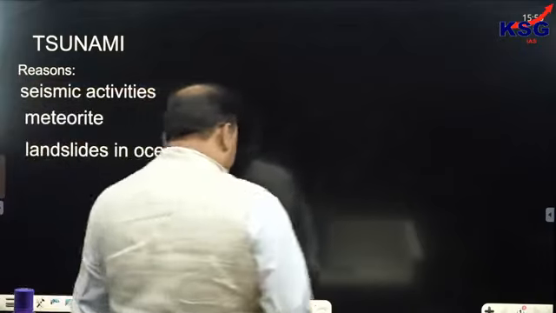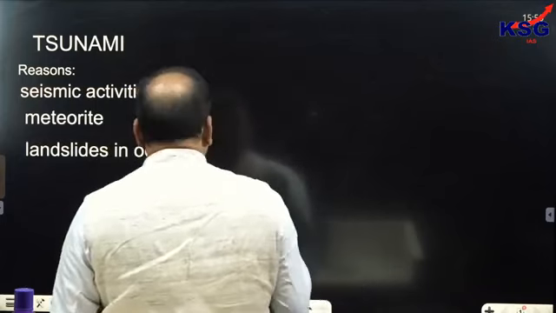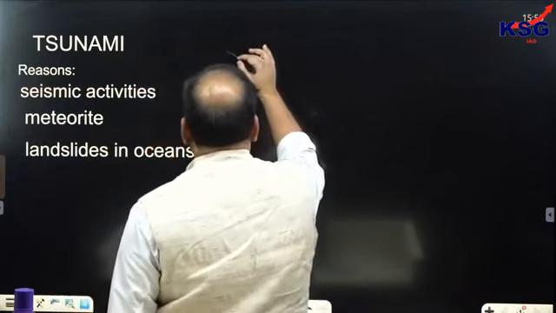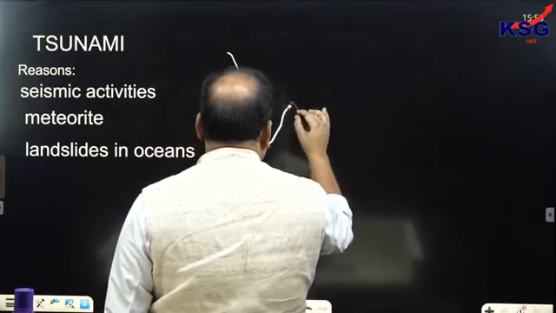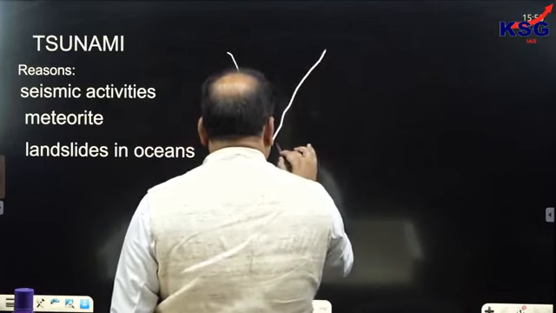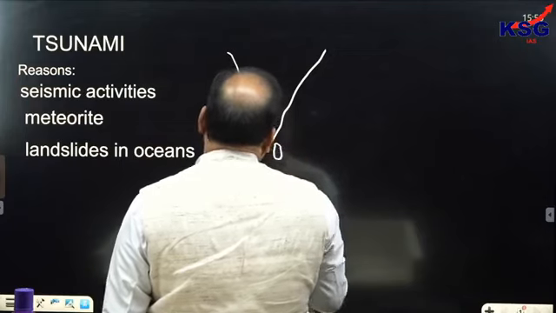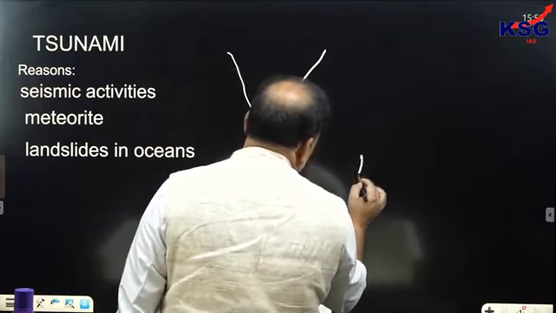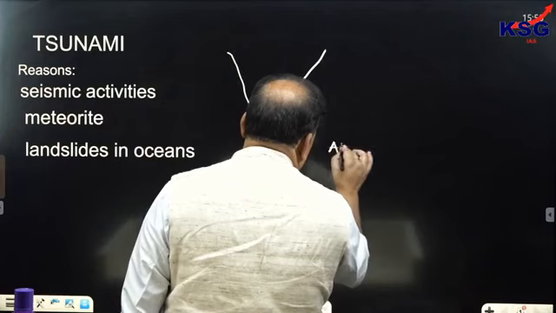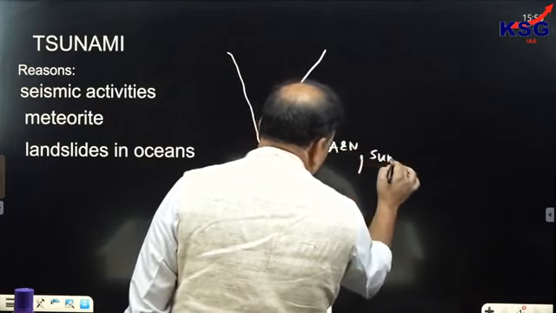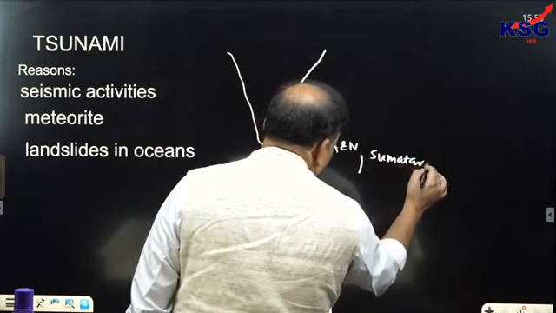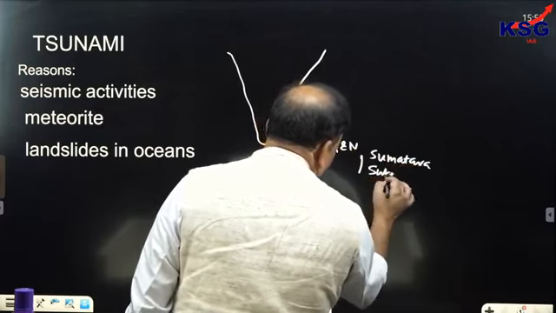But when you talk about tsunamis, there are two subduction arcs in the coastal area of India. Suppose this is India, this is Sri Lanka. Here is the Andaman and Nicobar Sumatra subduction arc.